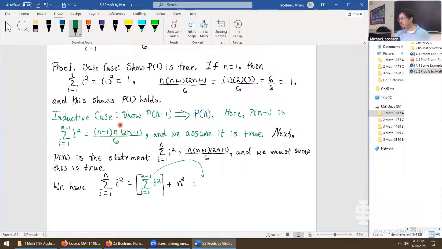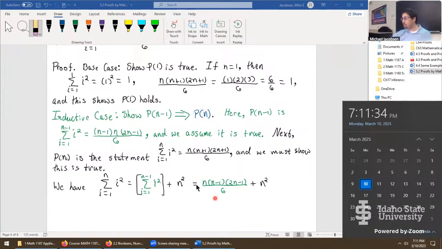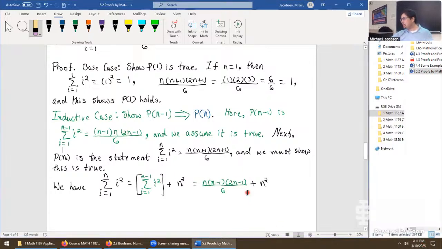Let me just reorganize: n(n−1)(2n−1)/6 plus n squared. At this point, this is algebra, but there's actually a good amount of algebra to show. You might be able to get this done, depending on how fast you can expand this and add the fractions together, in 4 minutes. But that's pretty much what my next steps are going to be.